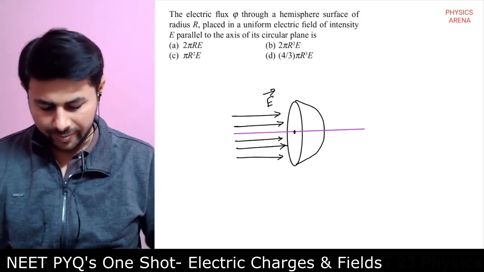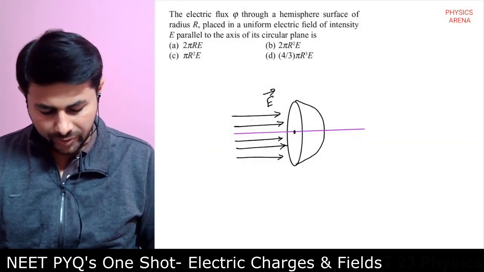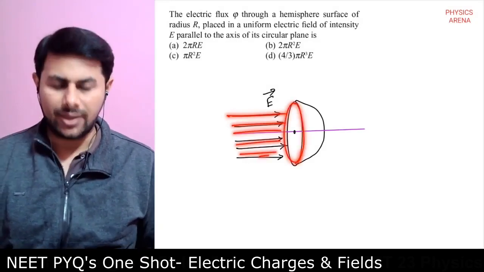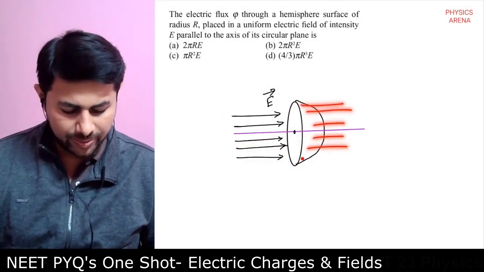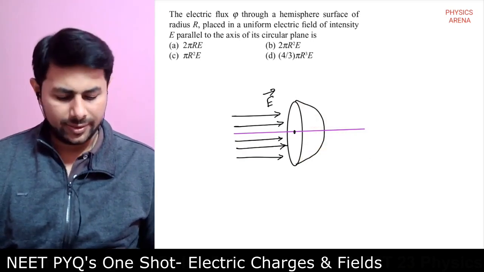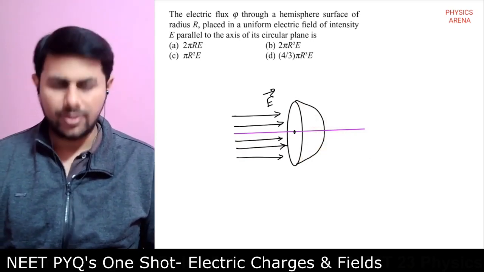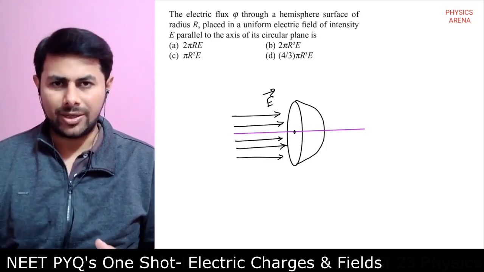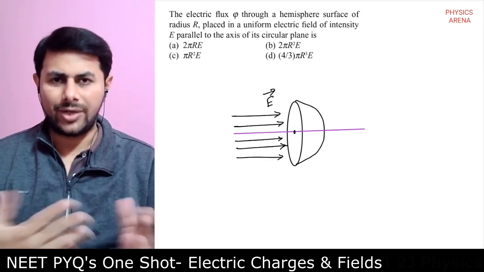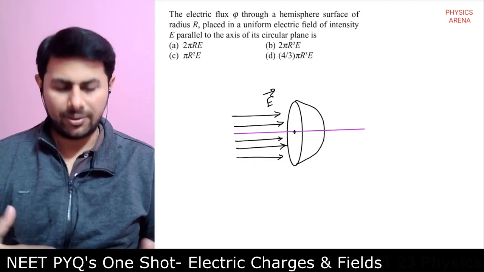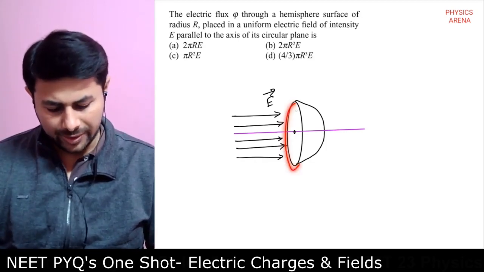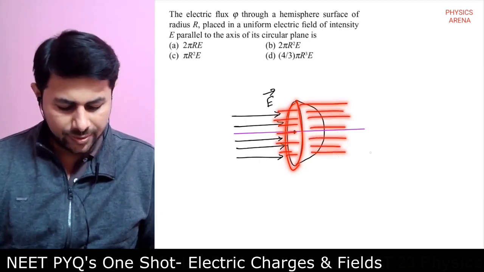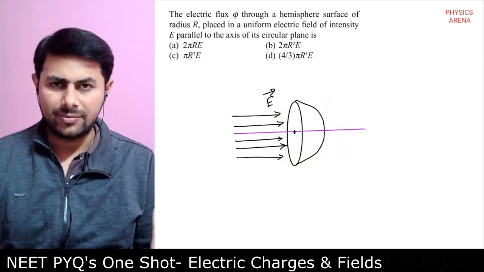But now see, whatever number of electric field lines go through this area, they pass out of the hemisphere. The electric flux is the number of electric field lines passing normally through an area, it is E bar dot A bar. Whatever electric field lines are entering this region, they will only pass through this hemispherical surface.